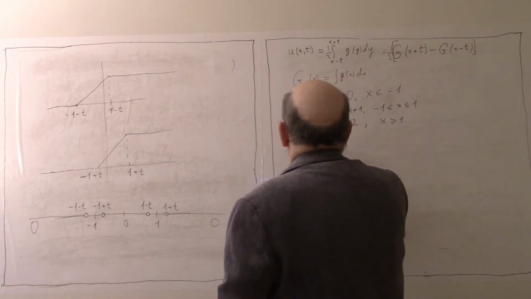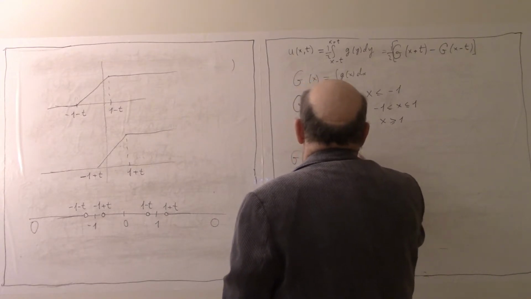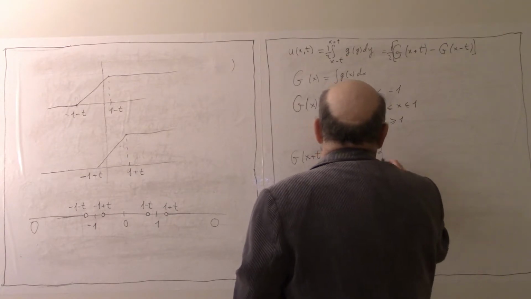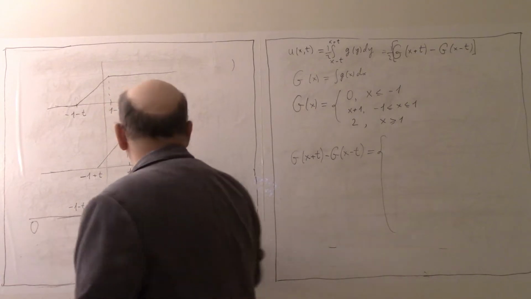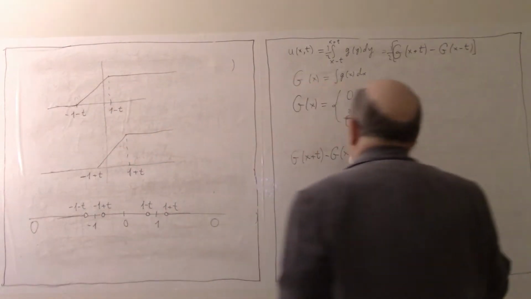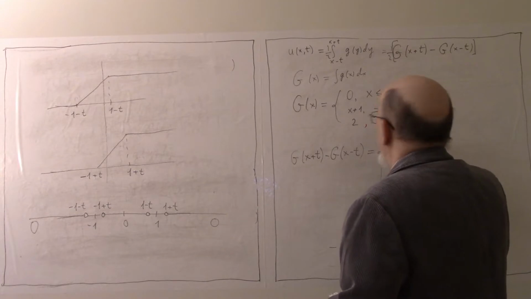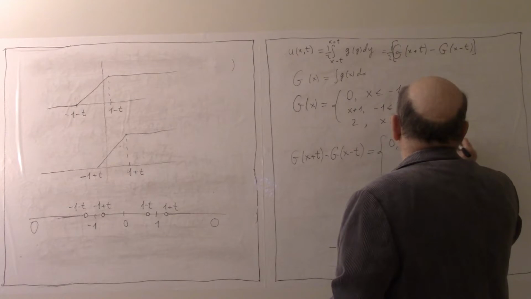So g of x plus t minus g of x minus t. In fact, we have 5 segments, including this part and this tail. Yes, so it is 0 when x is less than or equal to minus 1 minus t.